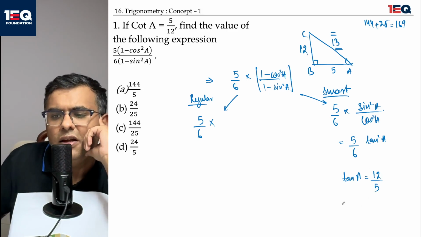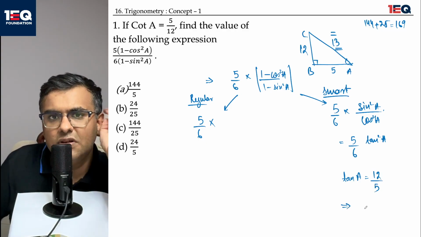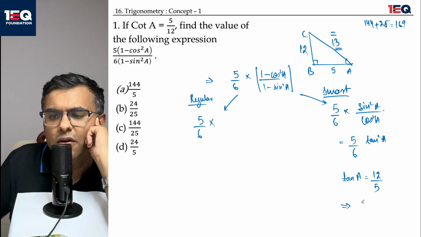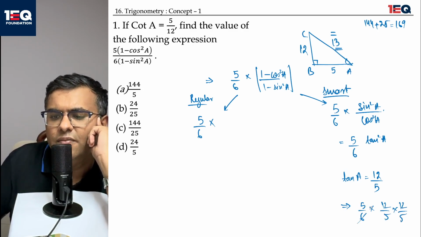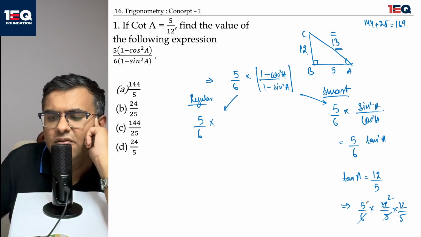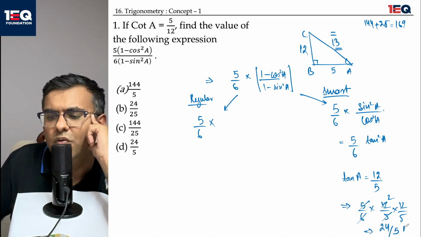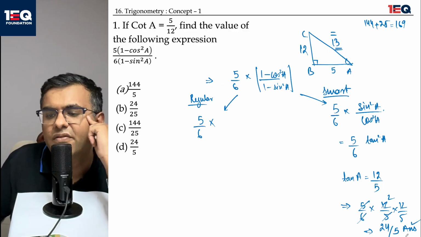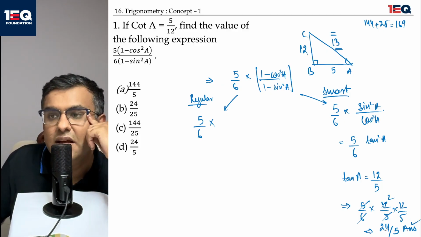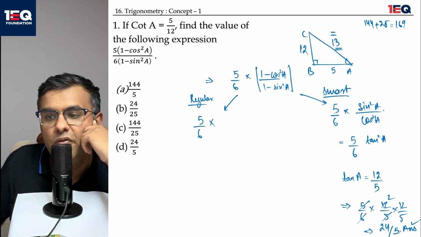I'll put in the value of tan A here: 5 by 6 multiplied by 12 by 5 multiplied by 12 by 5. 6 2s are 12, and the 5 and 5 are gone. We get the final result as 24 over 5.